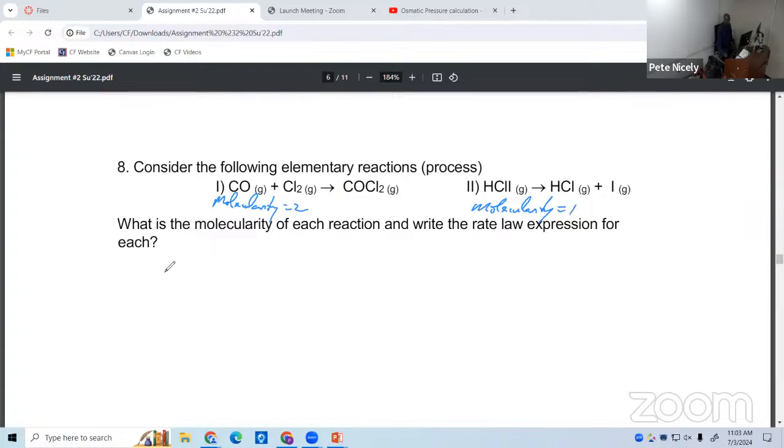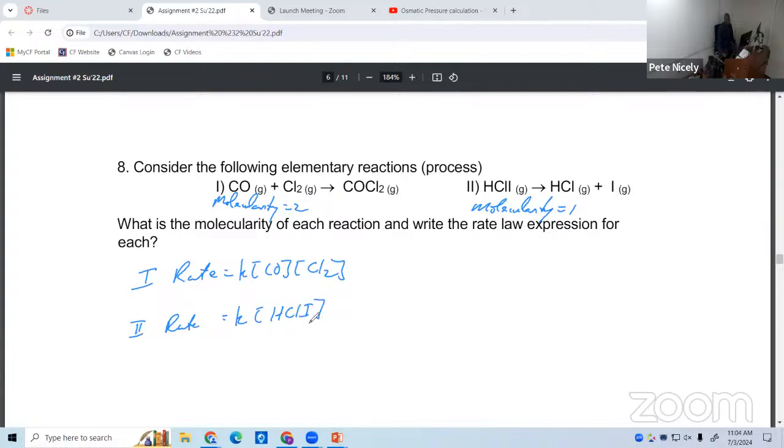And the rate law expression. So the rate law expression for the first one would be what? Rate is equal to what? K times the concentration of CO times the concentration of Cl2. Exactly. And what about the second one? K times the concentration of HCl. So rate is equal to K times the concentration of HCl.